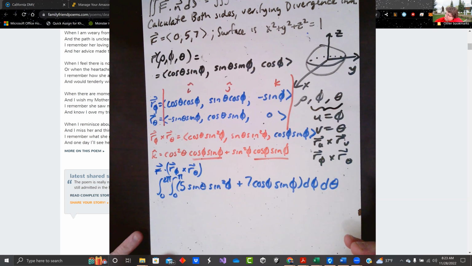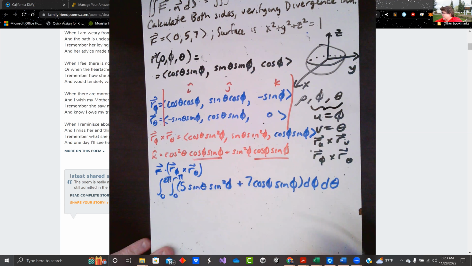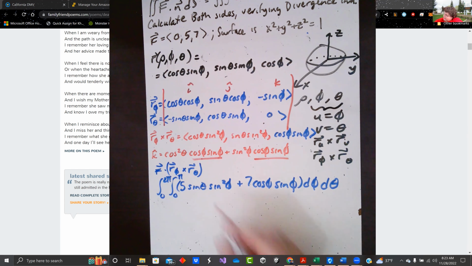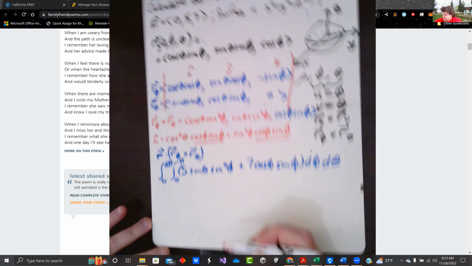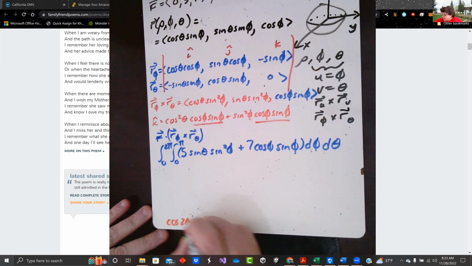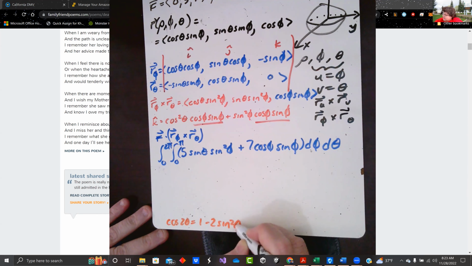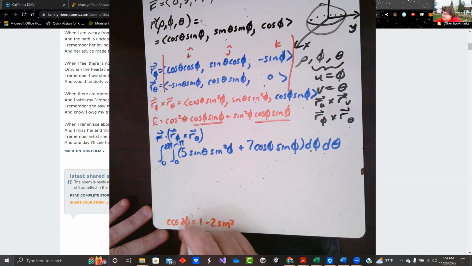Let's see. So if I do 2 integrals, on the left one, I never remember what it is, so I have to write it out. I want to change the sine squared into cosine 2 phi. So cosine 2 phi is 1 minus 2 sine squared phi.